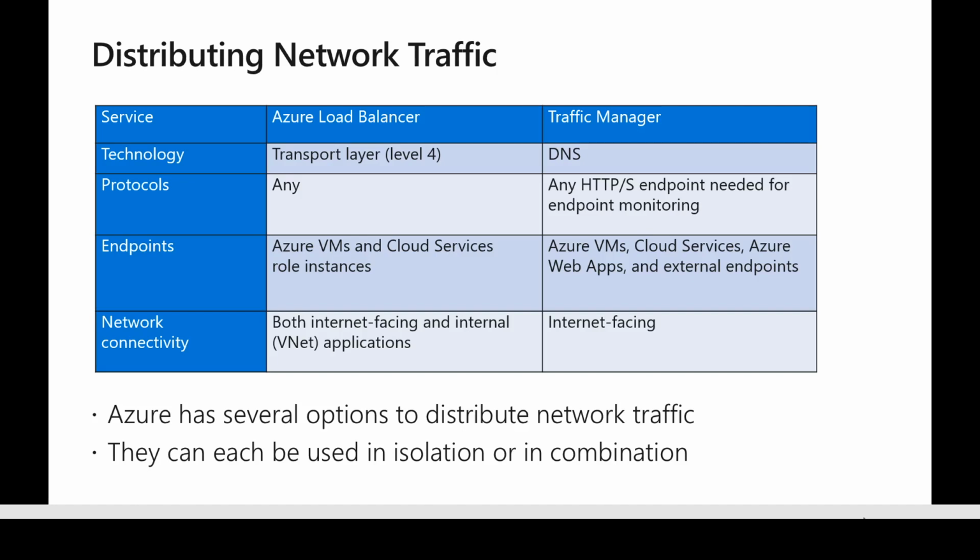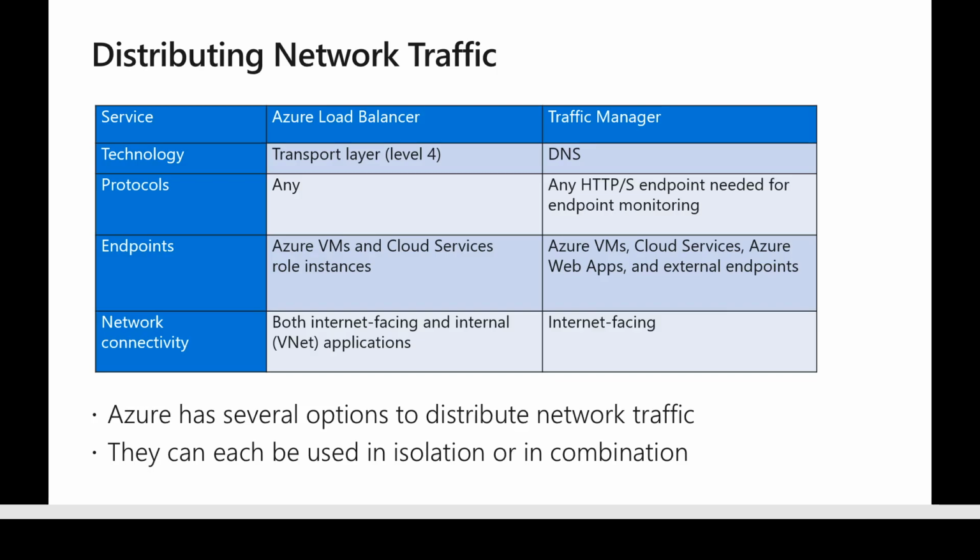We can also use mix and match. Say for example, in a DR scenario, we can use Traffic Manager as first level of routing mechanism, and once we route it to the right region, we can use Azure Load Balancer to build HA in that particular region. Like that, we can use mix and match across two.